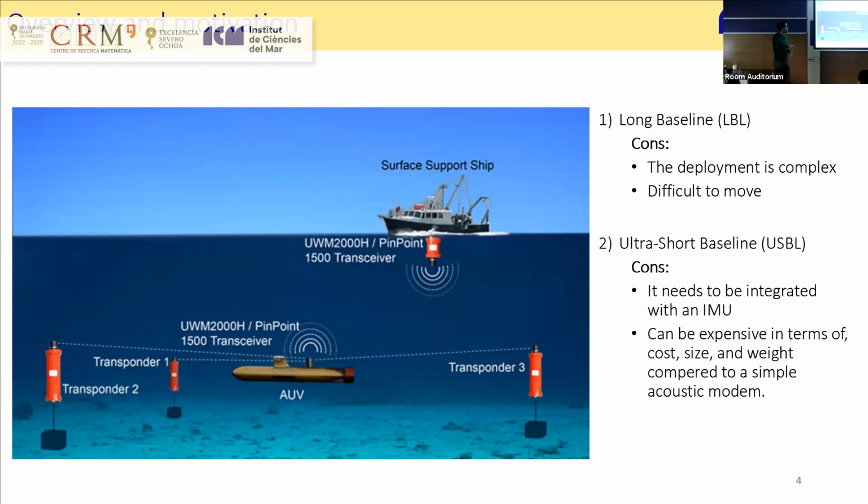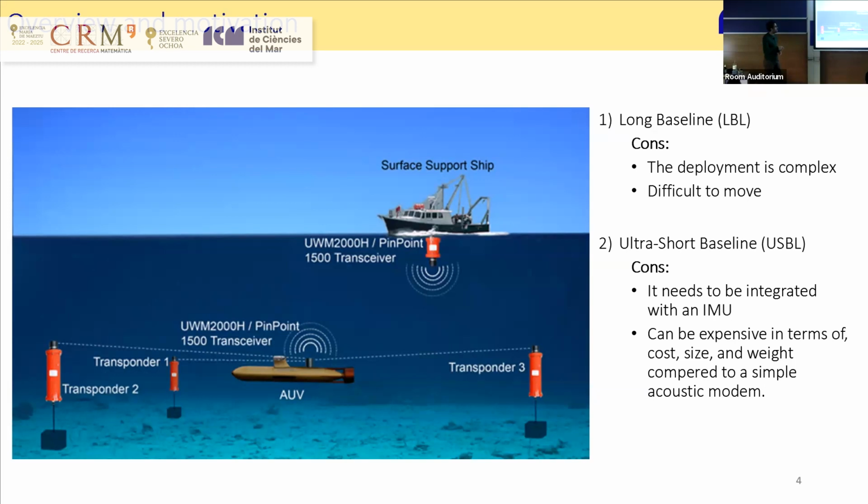But one of the main problems with this device is the movement of the ship due to the waves, the sea state. We need to compensate for this movement in order to have good angle information of where the species or the target that we want to localize is. We do that with, for example, inertial measurement units that try to measure the movement of the ship or the vehicle where we install the USBL.